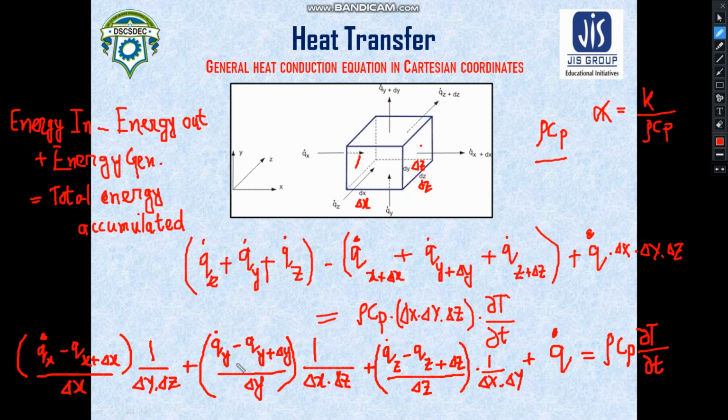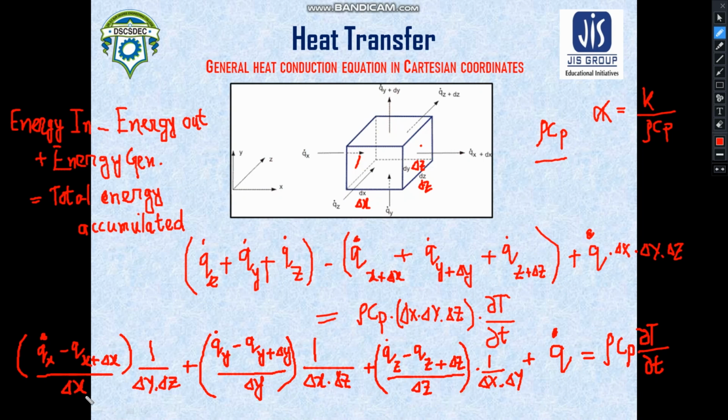We have done the same for the y quantities, the quantities which have the suffix of y. So this is the difference between the heat which is entering and which is leaving, divided by the height of the differential control volume. Similarly, we have done this arrangement for the z quantities, the quantities which have the suffix of z, and then we can arrive at this value.